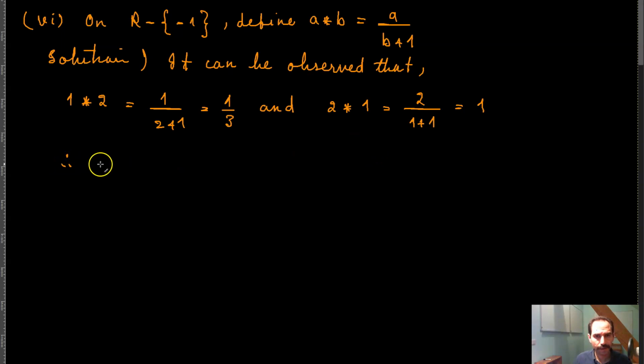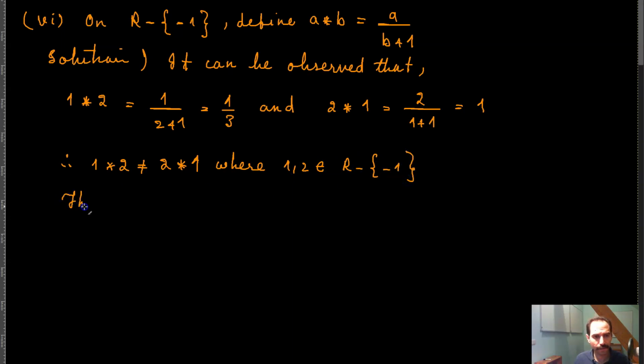Therefore, 1 star 2 is not equal to 2 star 1, where 1 and 2 belong to R minus -1. Therefore, the operation star is not commutative.